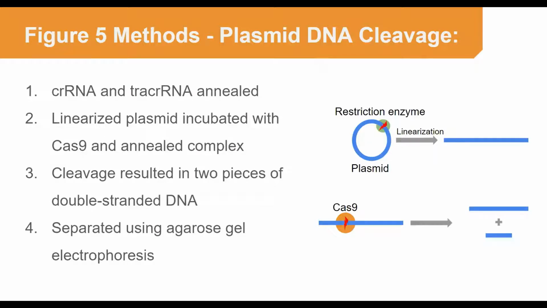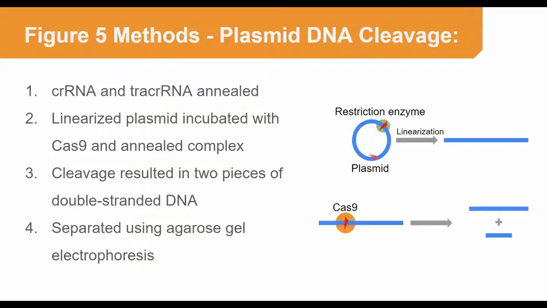Some other people might have already talked about plasmid DNA cleavage, but we can review it briefly here again. So the first step in plasmid DNA cleavage is the annealing of crRNA and tracrRNA. And additionally, a plasmid must be linearized first, or at least it was in the case of these results. I couldn't find any figures or pictures representing this method online, so I made my own, and I hope it gets the point across.